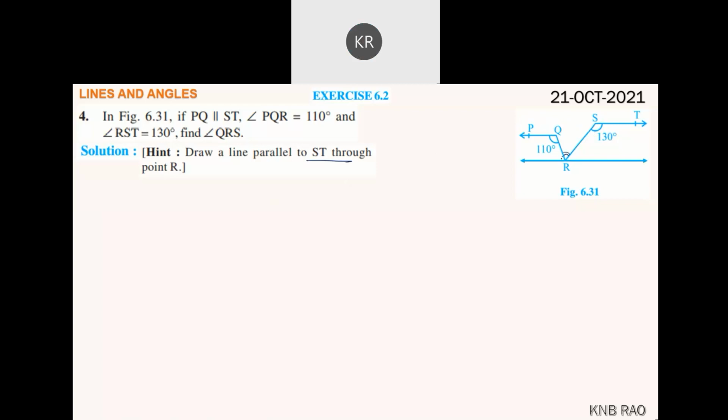Why? Because this becomes 70 degrees. The line you have drawn, L, is parallel to ST, which implies it is parallel to PQ also. 110 and 70 are co-interior angles. This becomes 50 degrees because it is again co-interior angles. So it should become 60 degrees.